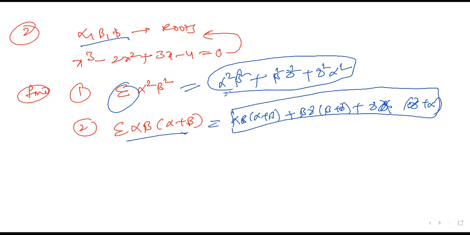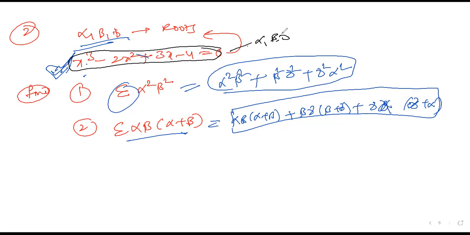You want this answer, but do you know alpha, beta, gamma? You don't know. These are the roots, that's all, but you didn't find any roots. Frankly speaking, we have two methods for this. Method one: you take this third order equation and solve it by your own methods. After solving, you'll get alpha, beta, gamma by certain procedures.